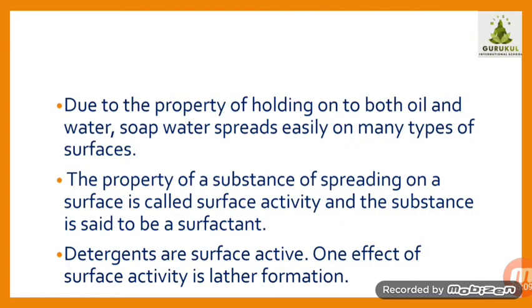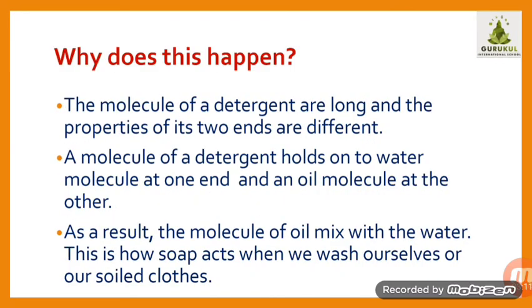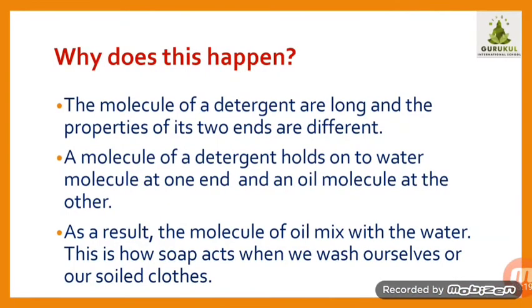Let us discuss the theory first. The molecules of detergent are long and the properties of its two ends are different, meaning both ends of the detergent molecule are different. As you can see in the figure, the molecules of water and the molecules of detergent are attached to each other.